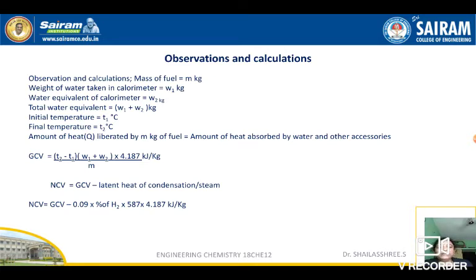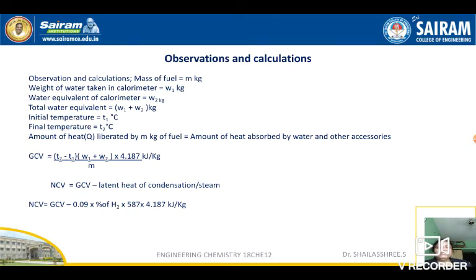Therefore the GCV, gross calorific value, is (T2 minus T1) into (W1 plus W2) by m, in calories per gram. When we convert it into kilojoules per kg, we multiply by 4.187, so it becomes (T2 minus T1) into (W1 plus W2) into 4.187 by m kilojoules per kg.